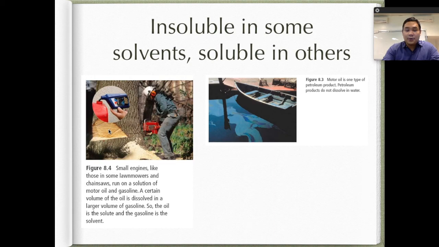Another thing we could consider is oil and water. We could expect that oil and water do not mix, so they can't be mixed together. In this picture we have the oil flowing on the top and the water below. One good example for that is an oil spill.